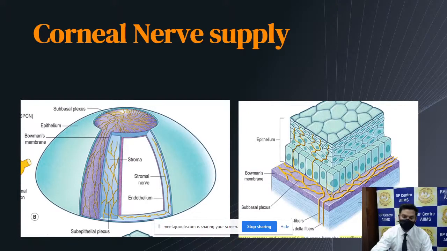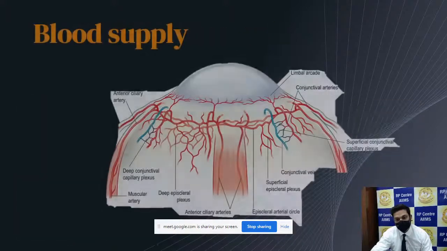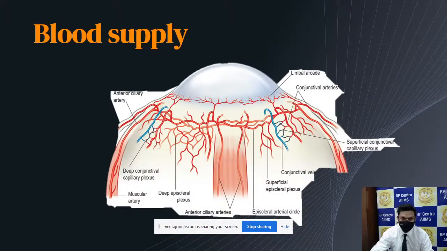So I'll be talking about the anatomy of cornea. I'll be speaking on embryology and development, structural considerations of the layers of cornea, the corneal transparency, blood and nerve supply of cornea, and the anatomy of limbus. Basically, the corneal epithelium is derived from the surface ectoderm.